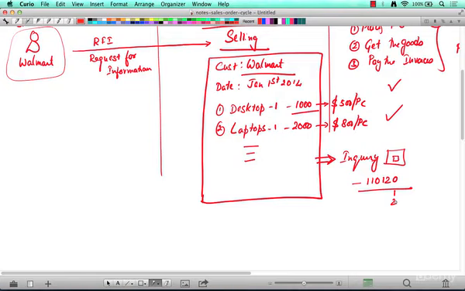HP has created this unique reference called an inquiry document, and this will be sent over to Walmart as a response to their inquiry, saying, thank you Walmart for inquiring with us. We have created an inquiry. Your reference number is 110120, and here are the products that you have inquired for, and these are the prices, and we can provide these quantities by so and so dates, etc., etc.